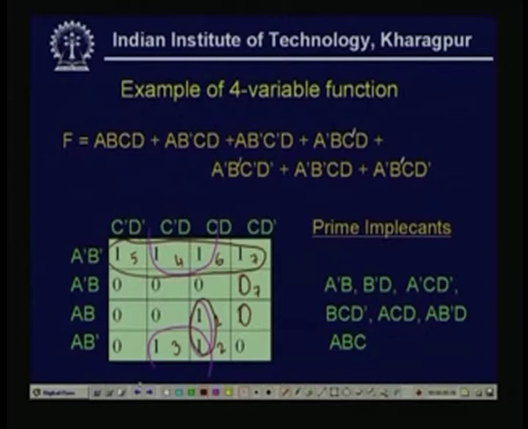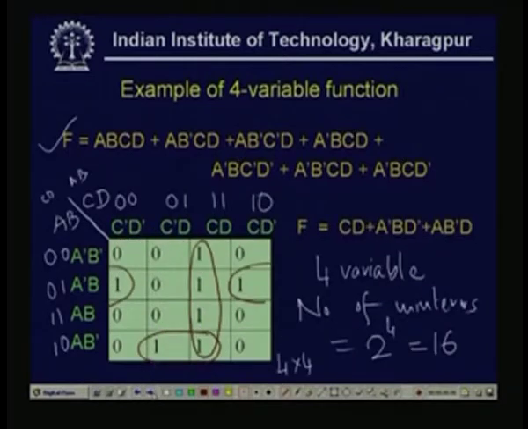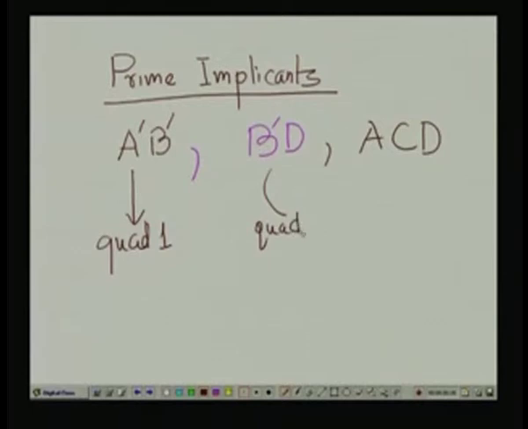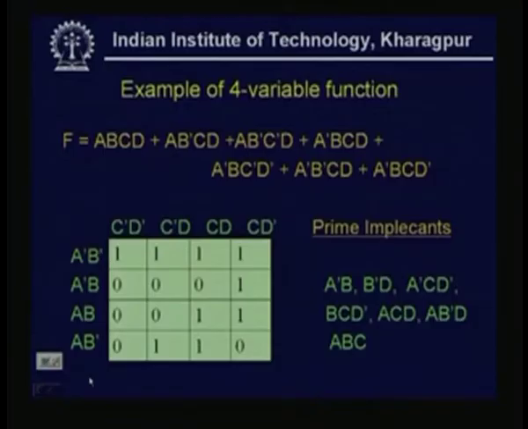So, A C D. This is for my quad 1, this is for my quad 2 and this is for my couple 1, one couple exists. So, these three are the prime implicants. These are some examples of the prime implicants.